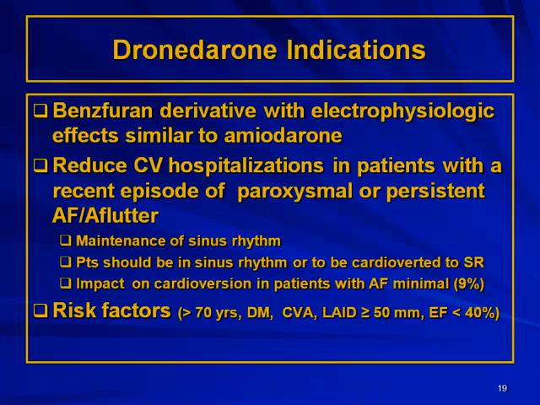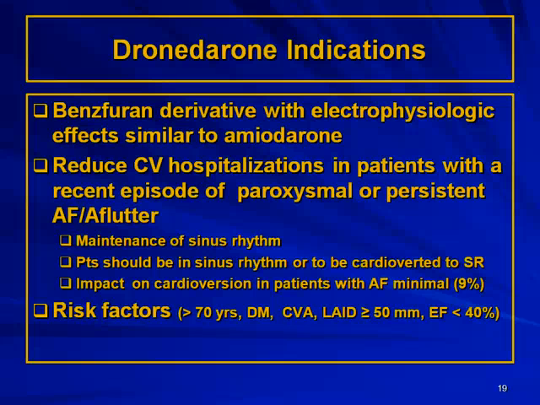And the rate of conversion from atrial fibrillation to sinus rhythm was really quite small, about 9%. So it's not indicated as a drug for cardioversion. We think that it just hasn't been tested probably extensively enough to conclude one way or the other. But right now it's not to be used as a drug for cardioversion. It's only for maintenance of sinus rhythm.